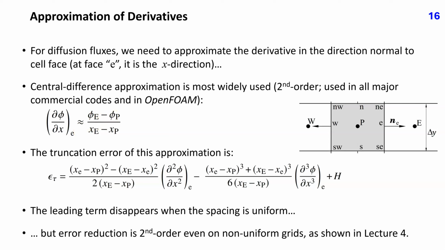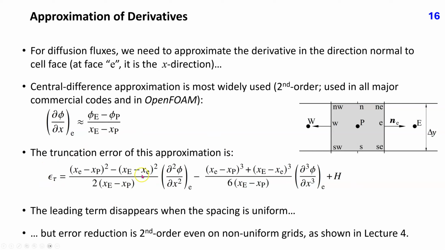This approximation, or an equivalent of it, is used in all major commercial CFD codes and in OpenFOAM. By using Taylor series expansion around face center E to express variable values at P and E, one can easily derive the following expression for the two leading truncation error terms.